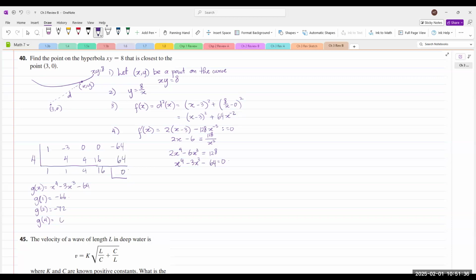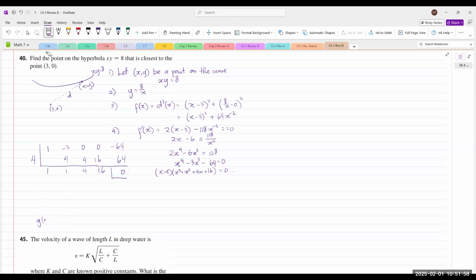Okay, g(4) is 0. It means I can factor this as x minus 4 times x cubed plus x squared plus 4x plus 16 equals 0. The thing is, can I factor that further? I'm not sure.